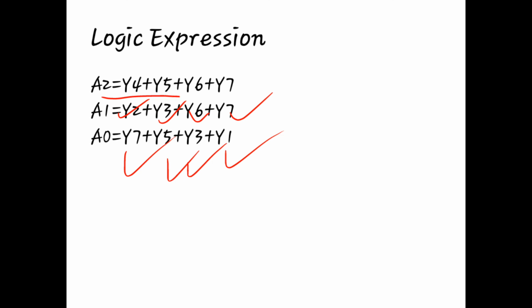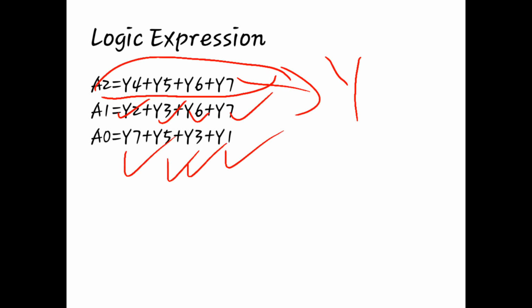And one can simply write here for A2. From the truth table, again we will find that it is active with respect to Y4, 5, 6, and 7. It is not a difficult one. One can simply write these logic expressions just by observing the truth table.